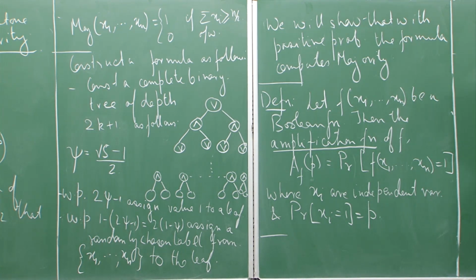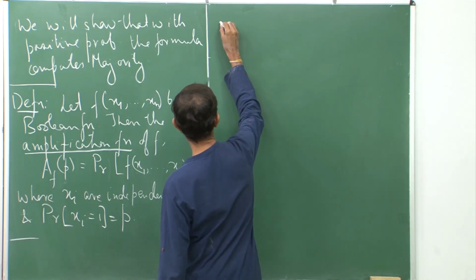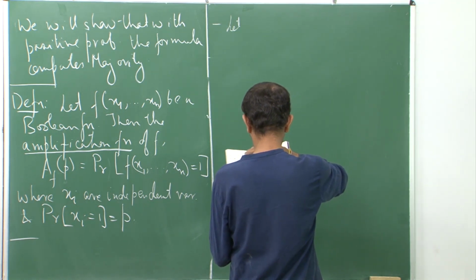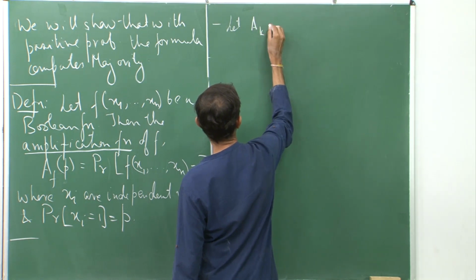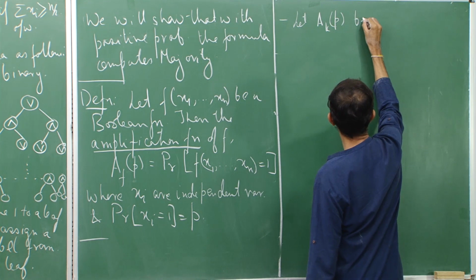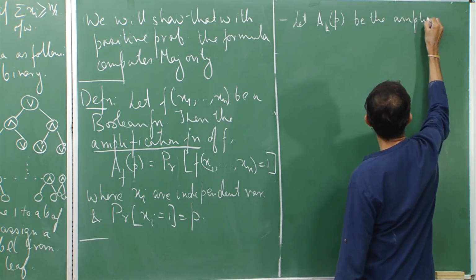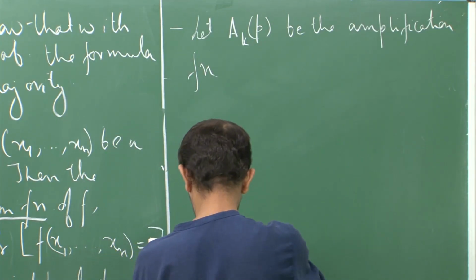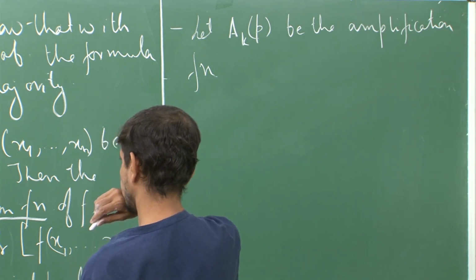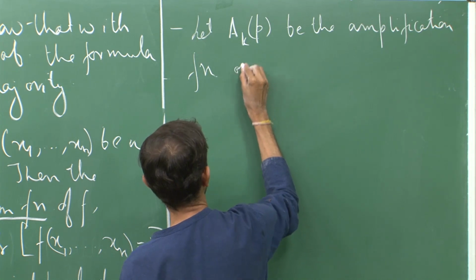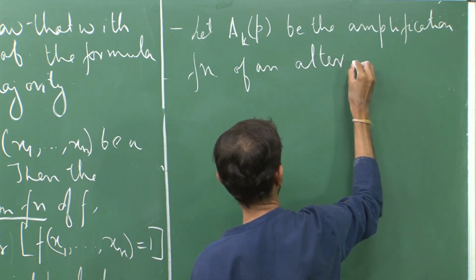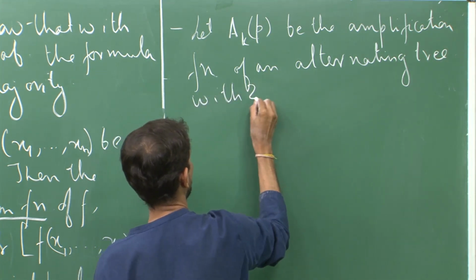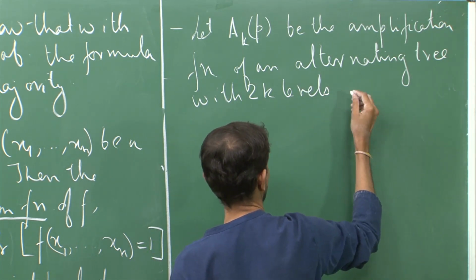Now, in this context, we will just use a notation: let A_k of p be the amplification function of an alternating tree with 2k levels, okay, as shown.